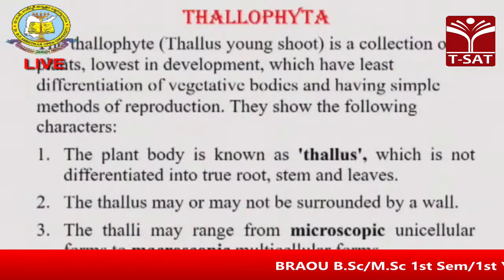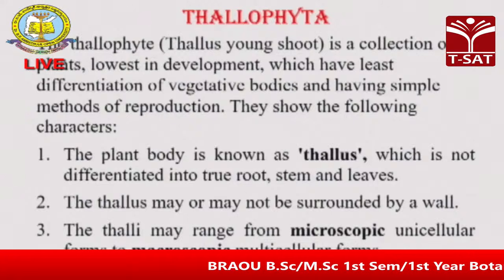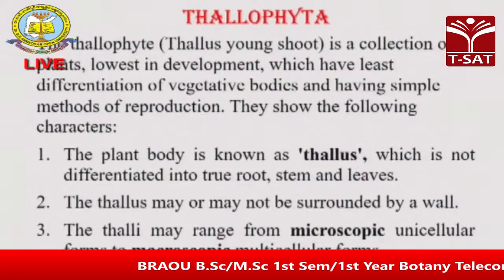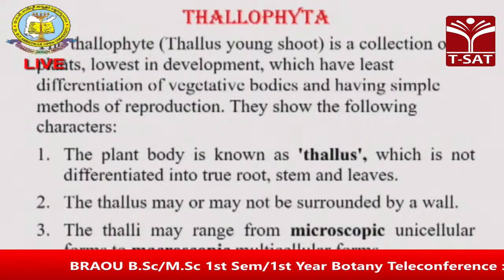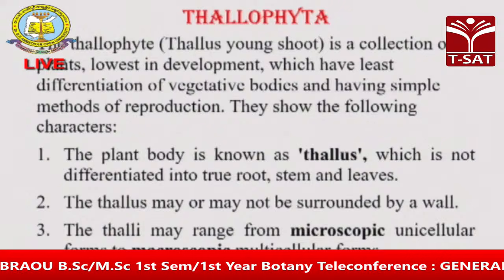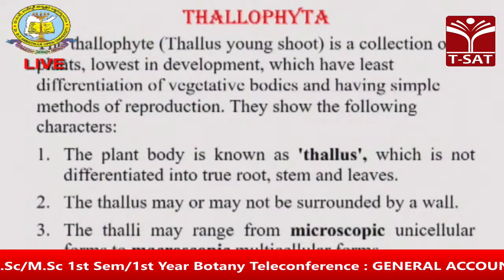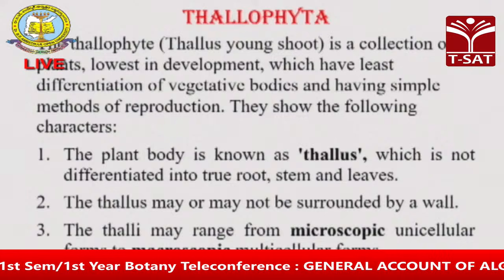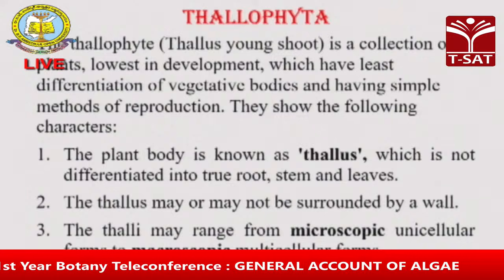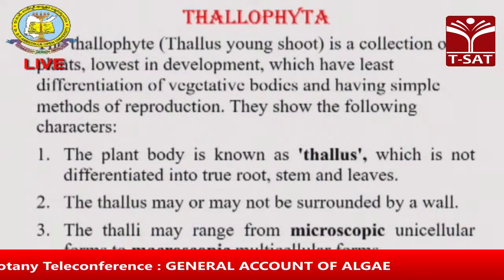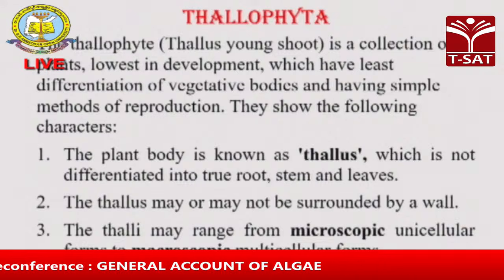Under the thallophyta, the thallus, as I already told you, is an undifferentiated mass. The plant cannot be differentiated. The plant body is known as thallus, which is not differentiated into root, stem and leaves. You cannot see the roots, stem as well as the leaves.